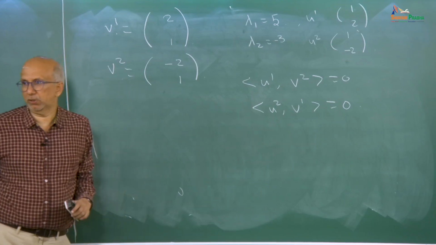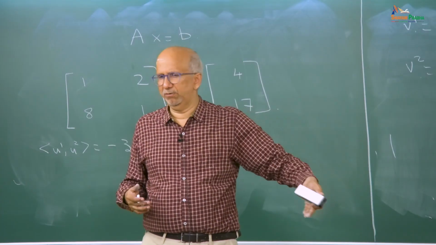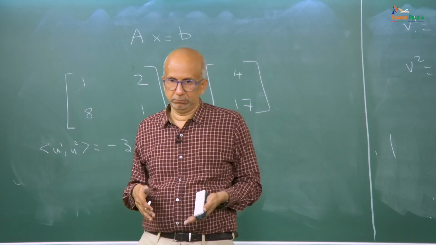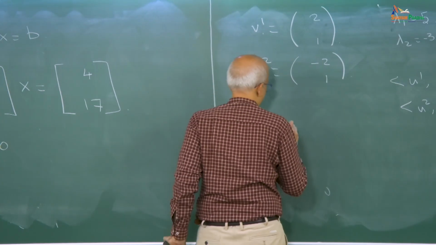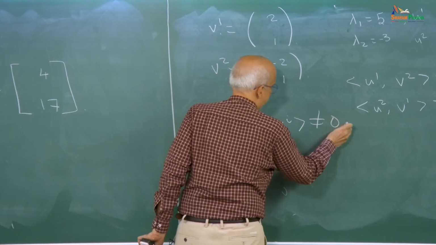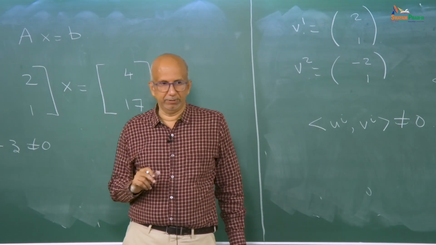That is the biorthogonality. I mean, if you have an n dimensional matrix, everything else will be 0, but u1 with v1 is not 0. Okay. The inner product is 0 only if the i's are different.